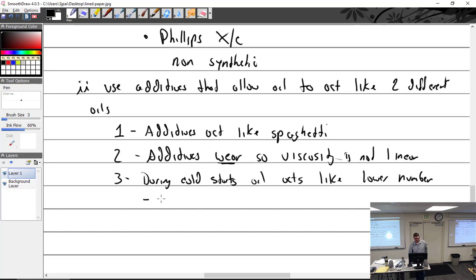So we'd have low oil viscosity. Low viscosity would mean quicker lubrication of the engine, which would result in less wear. Because thick oil doesn't flow. And if it doesn't flow, it doesn't get into very tight cavities.